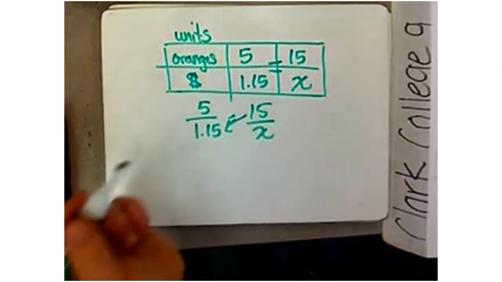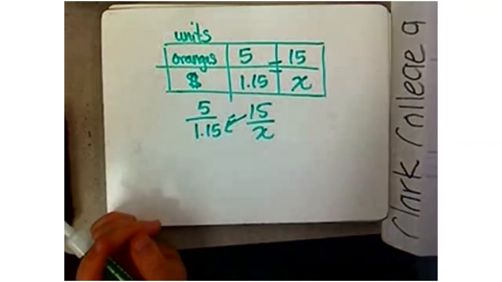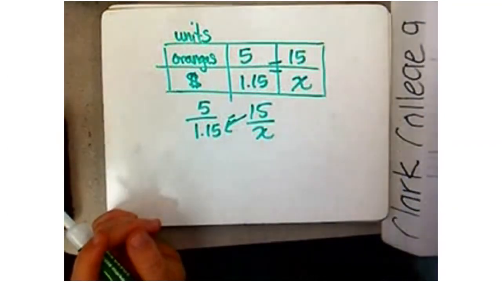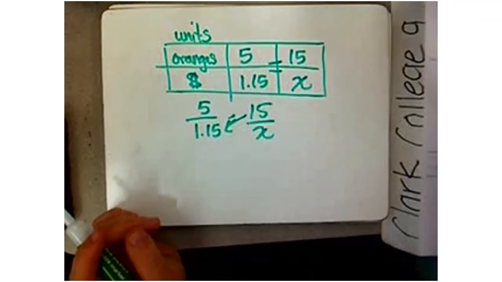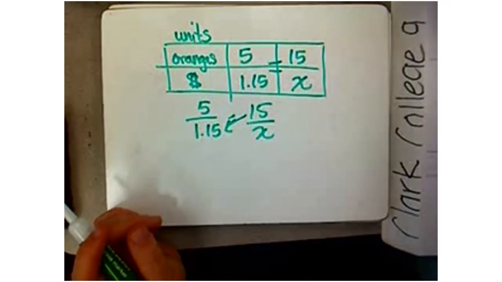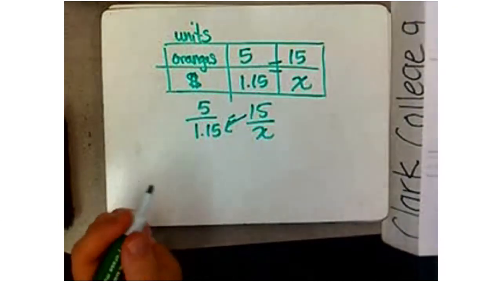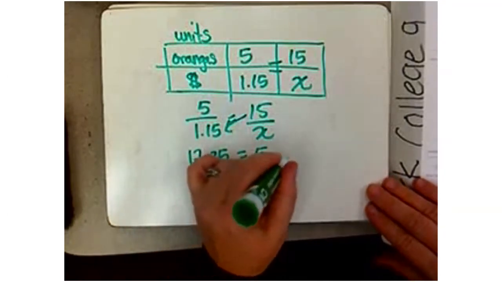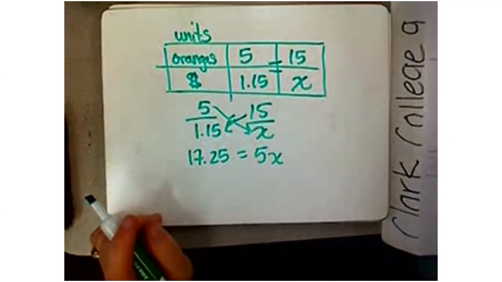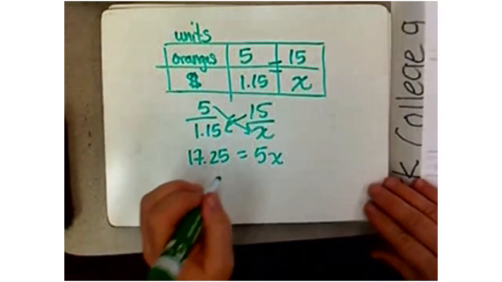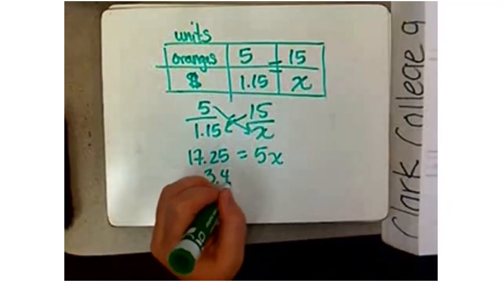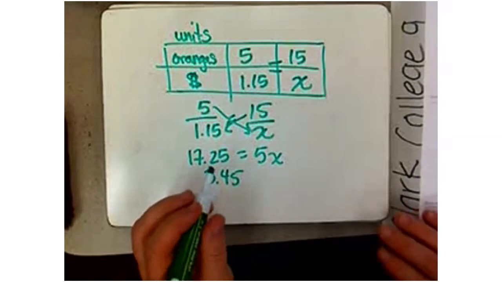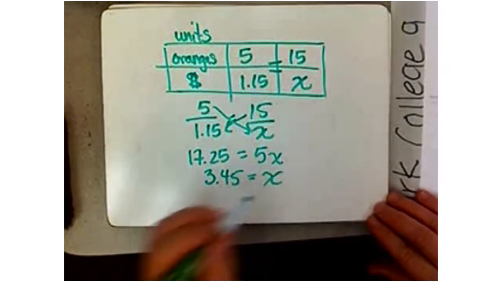You cross multiply 15 times $1.15, and I'm going to use a calculator for this operation. 15 times 115 equals 1725. 1725 equals 5x. I'm going to divide that by 5. Equals 3.45. And it's $3.45 for 15 oranges. Okay?